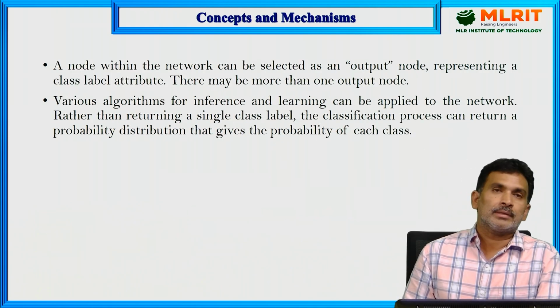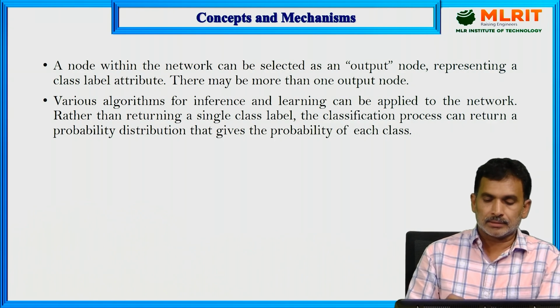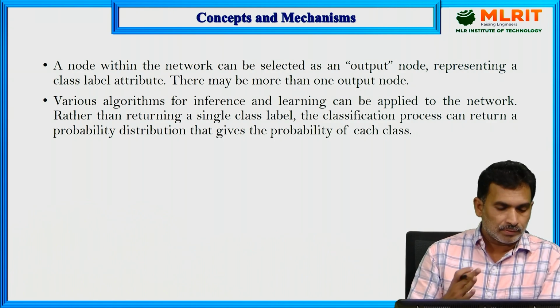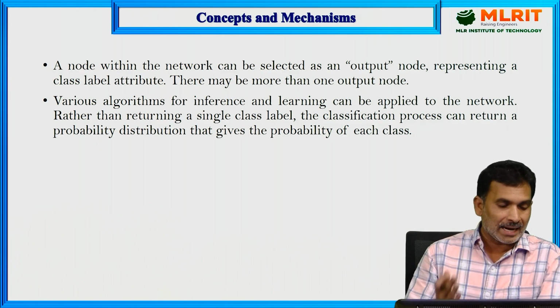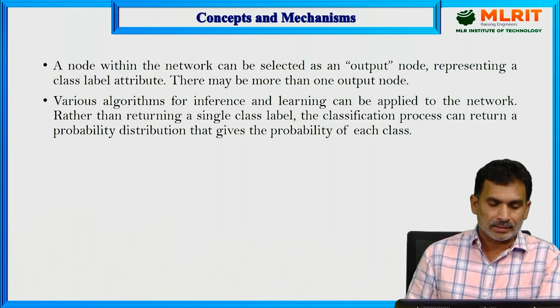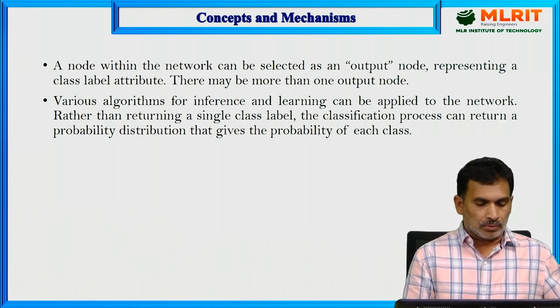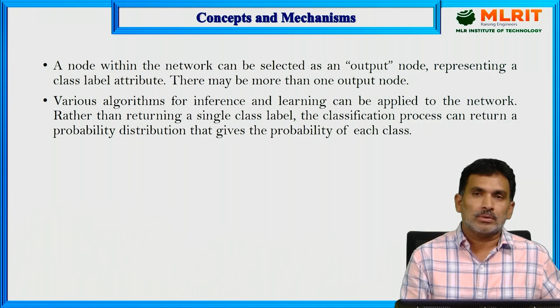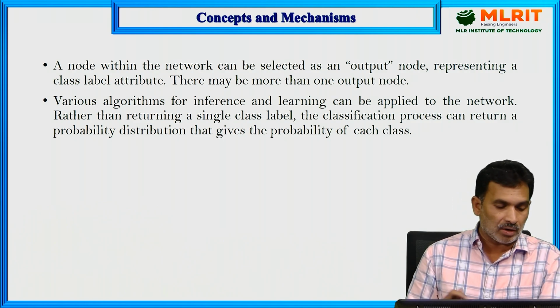A node within the network can be selected as an output node. So far we discussed the input nodes, but another category of node within the network could be selected as an output node that represents a class label attribute. So a network can have more than one output node.